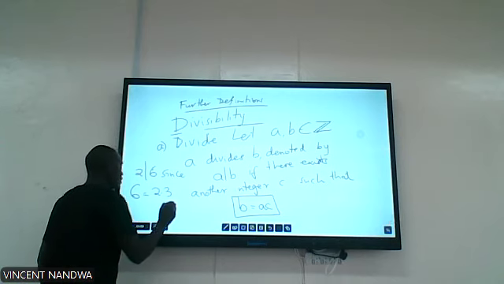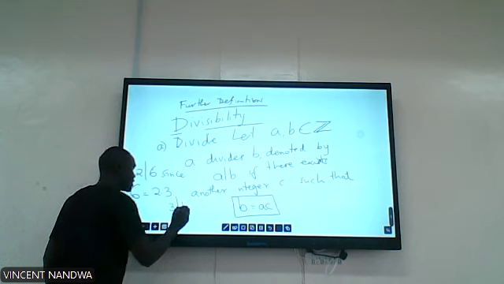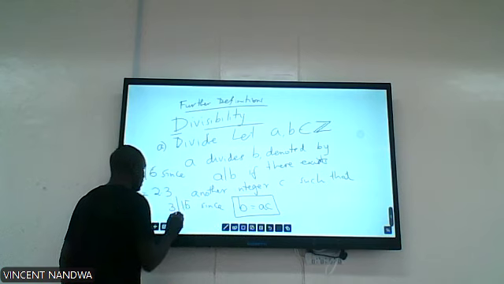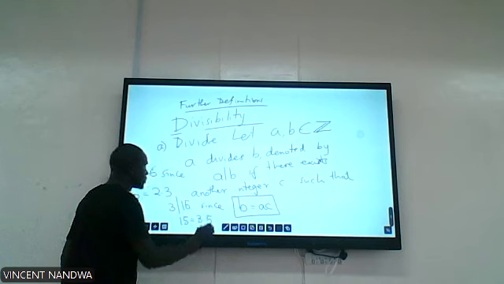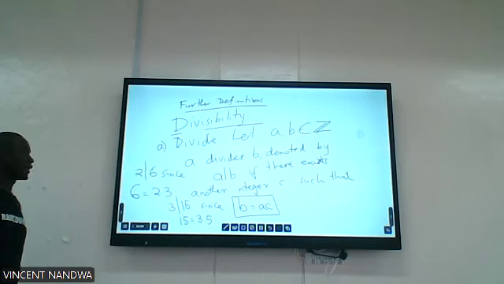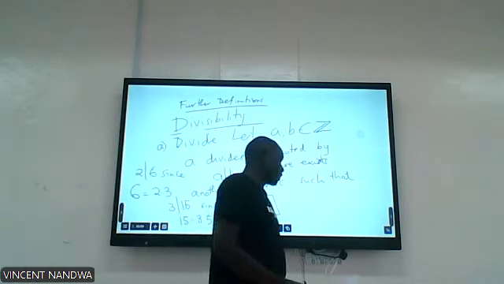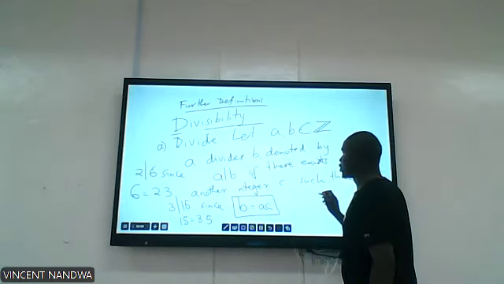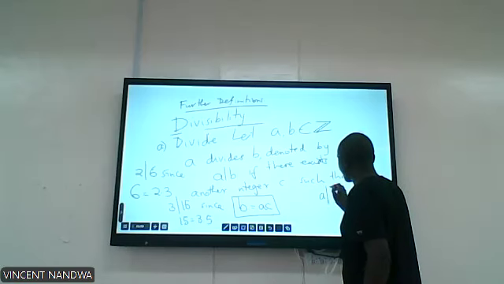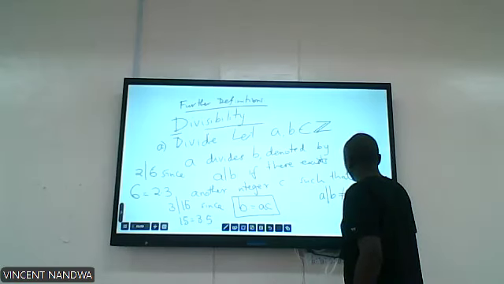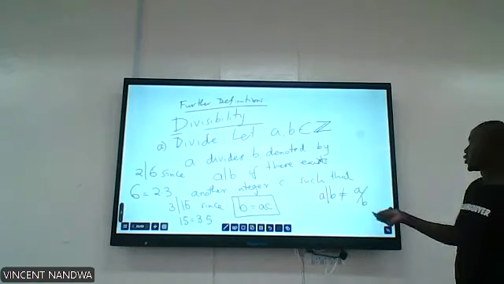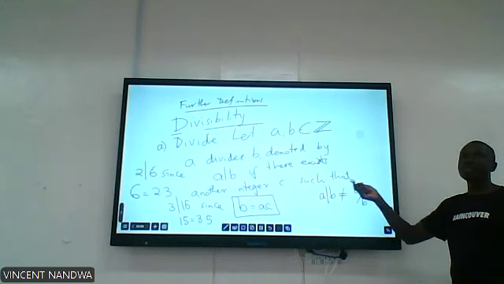We can also say 3 divides 15, since 15 can be written as 3 times 5. So that's what we mean by the divide operation. Do not confuse a divides b with a over b. The two don't mean the same.